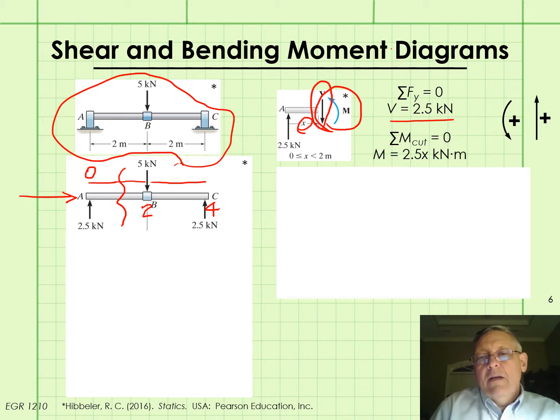And when we solve for M, we see that M equals 2.5x kilonewton meters. So the moment of that 2.5 kilonewton force about the cut is 2.5 times the distance of that force from the cut, which is x.